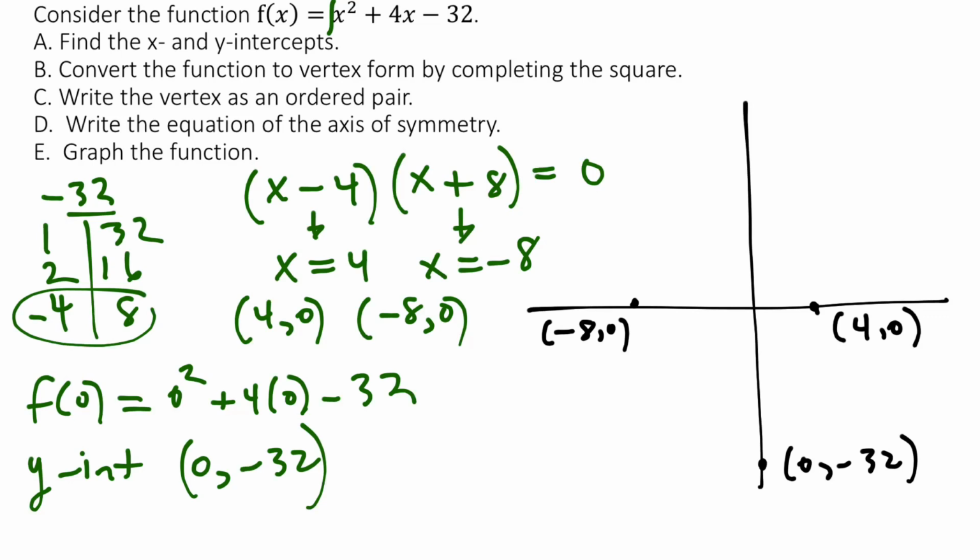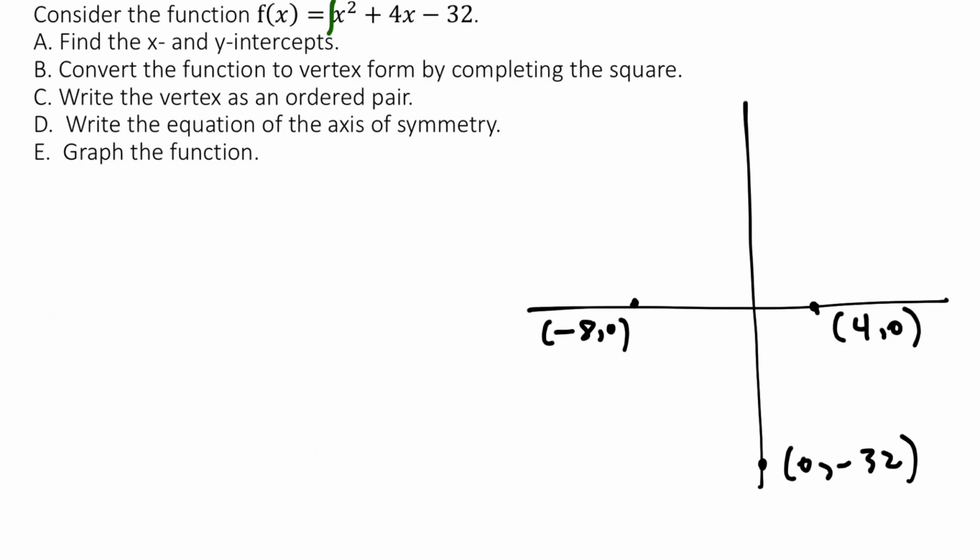Remember, on the last problem, we could also take the average of the x-intercepts and use that x value to find the vertex, but I'm going to do it by completing the square this time. Okay, so I'm going to convert to vertex form by completing the square. So I've got x squared plus 4x minus 32.